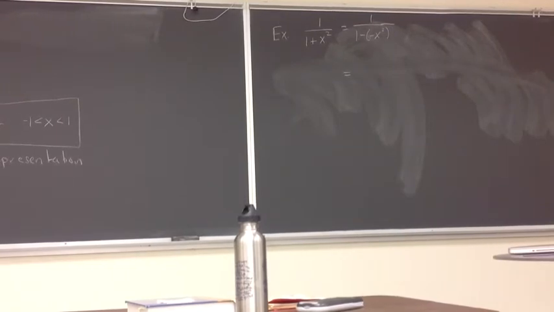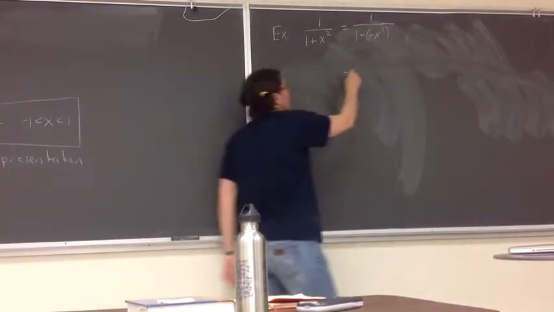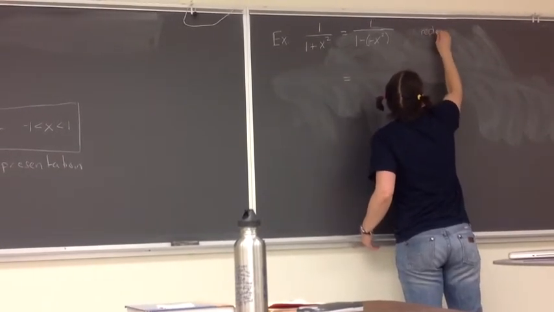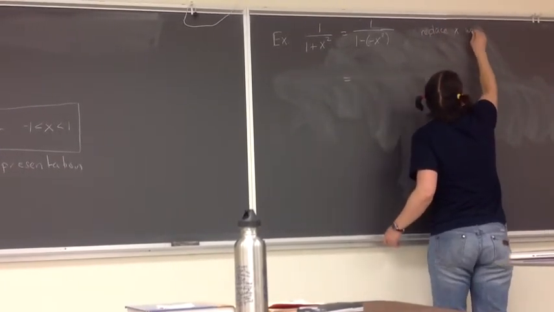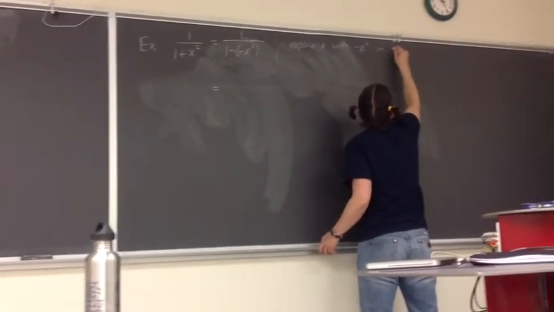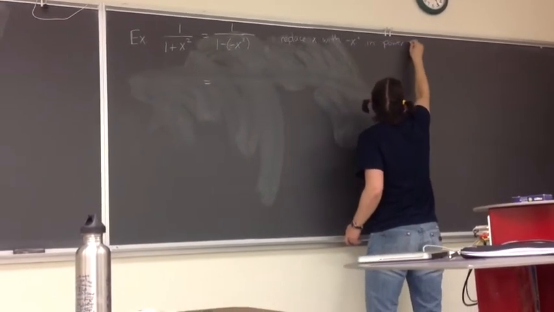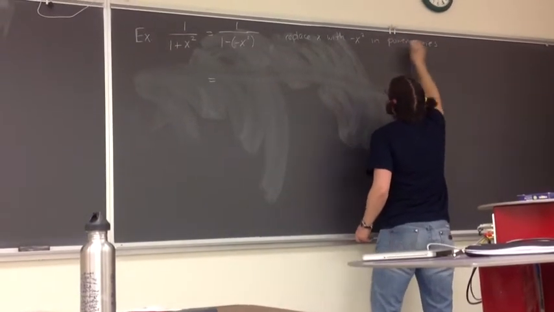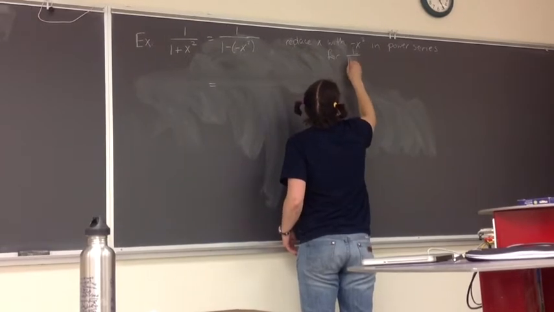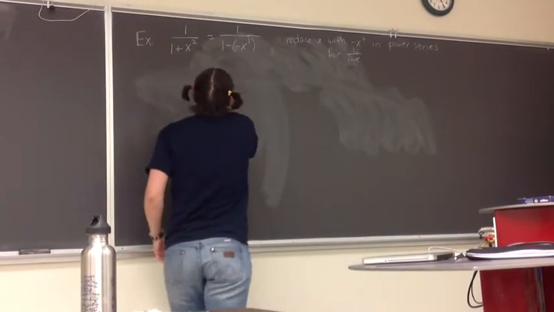So check this out. I can write this as: replace x with negative x squared in the power series for 1 over 1 minus x.